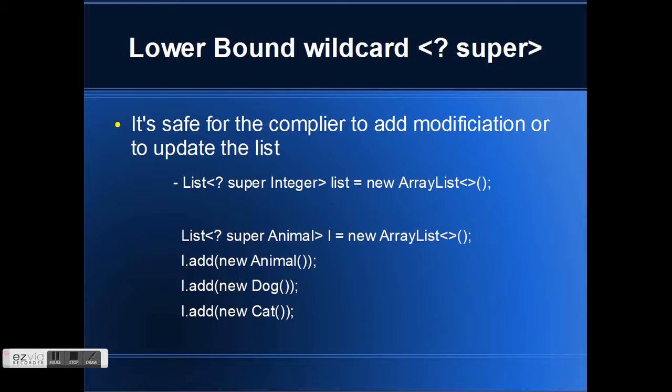What you want to know, the major differences between these, is that super can write an object and reads the object type. Super reads the object type and writes the class or its subclasses.